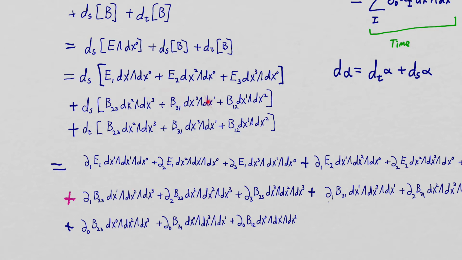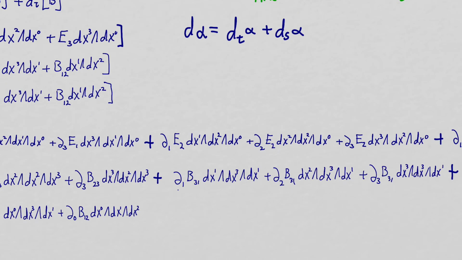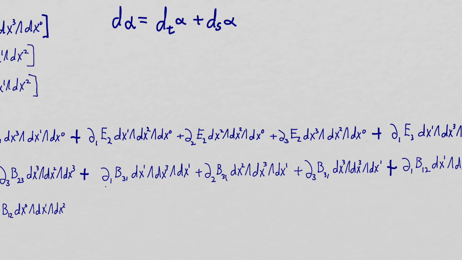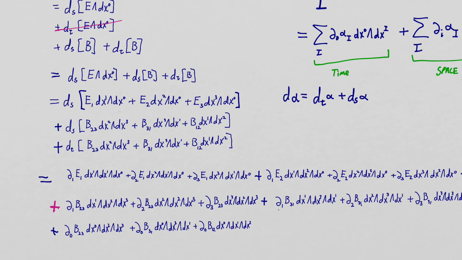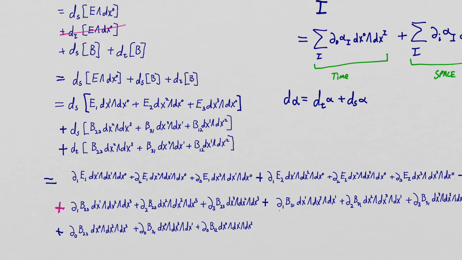And then when we do the calculation for this b31, the same thing's going to happen, except in this case we have 131, that'll go away, 231, that'll survive, and 331, that'll go away. And then this last term, b12, dx1, dx2, you can predict right away.